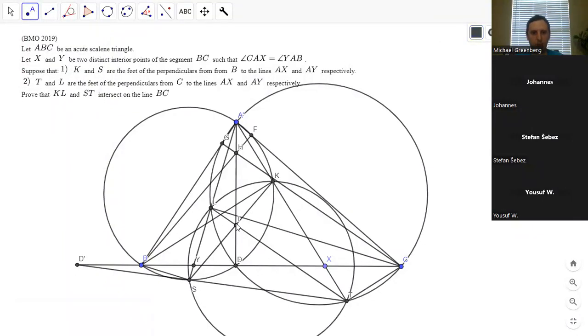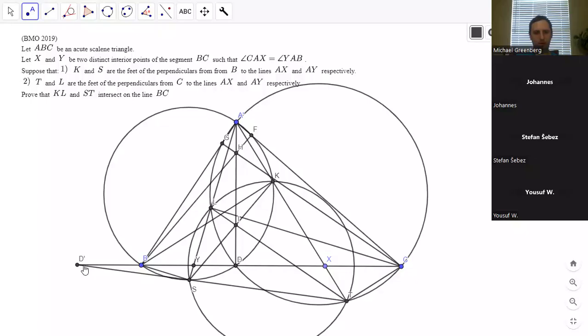But if that's true, then I think that would mean that D prime, Y, D, X is harmonic, and then if we let KL, I think that would solve the problem.